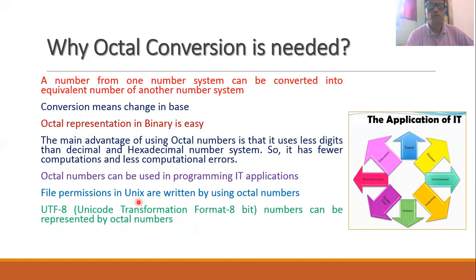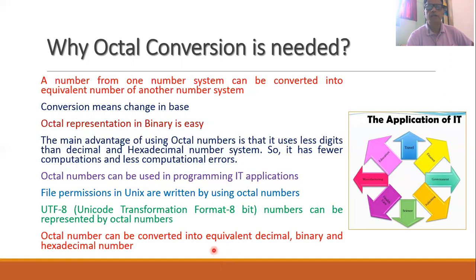Unicode is just like the ASCII code, where almost every symbol can be converted into binary form. This Unicode Transformation Format 8, shortly called UTF-8, makes use of octal numbers.